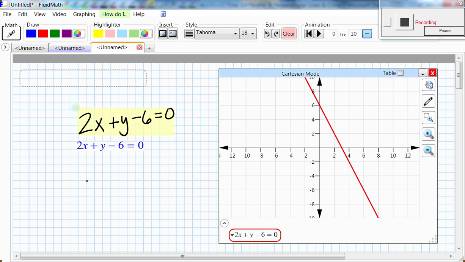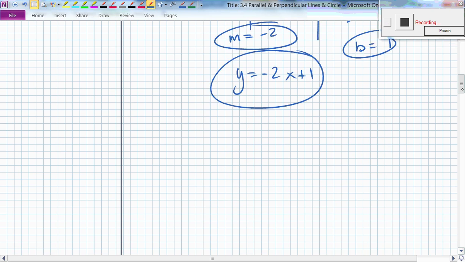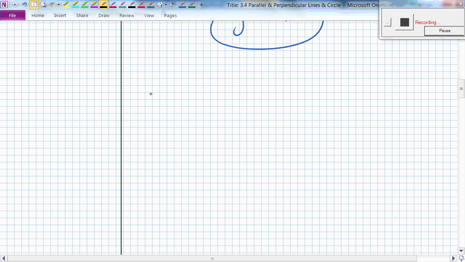And what was the one that we came up with? Negative 2x plus 1. So what will we expect to see when I put this on the graph? Parallel but different y-intercepts. And look at that, it even gives us a different color. Isn't that nice? So those look parallel to you? Yes. Okay, good. Then we must have done it right. Nice job, you guys. Okay, let's move on to what we call perpendicular lines.